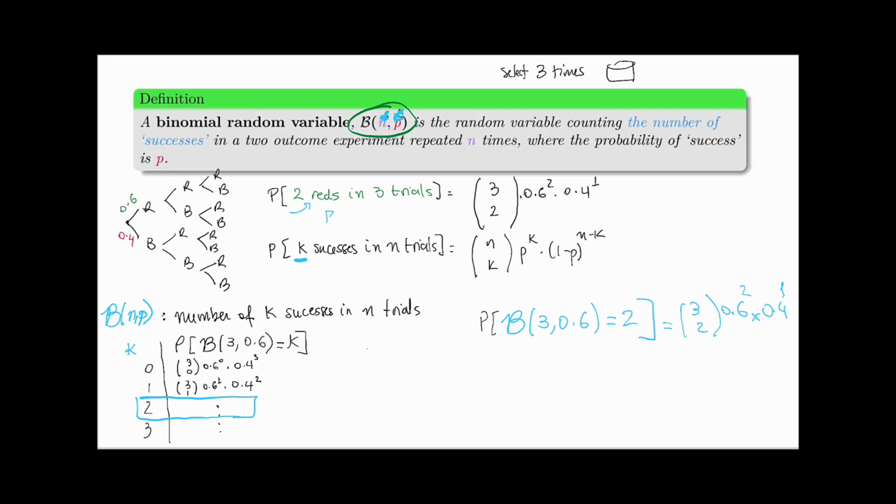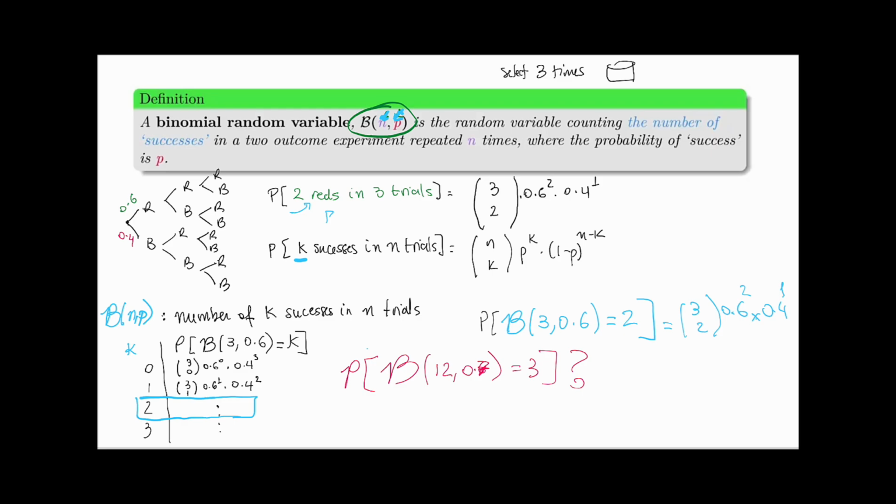John was tossing a coin, an unfair coin, and he tossed it 12 times. Can you calculate this?